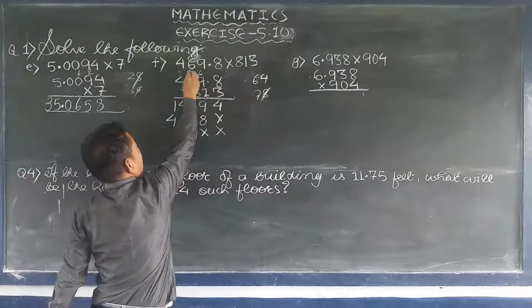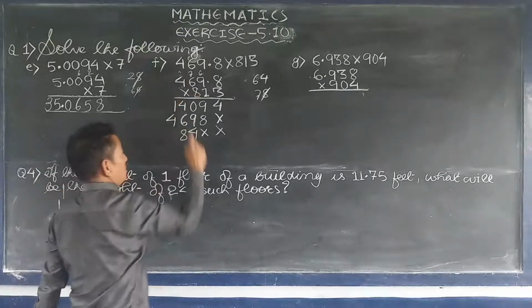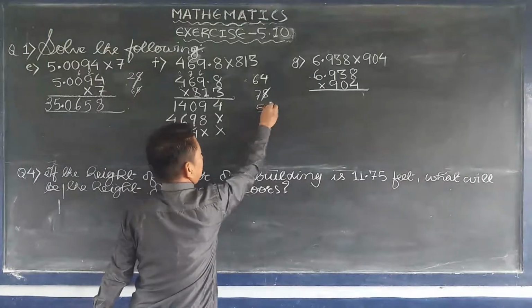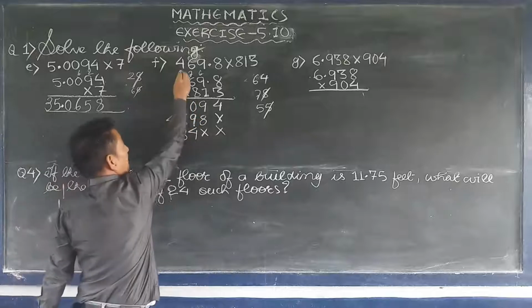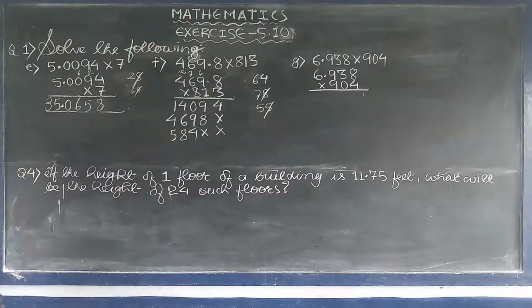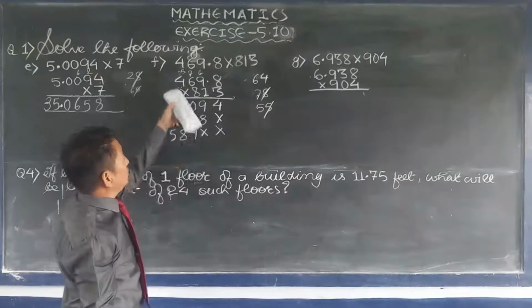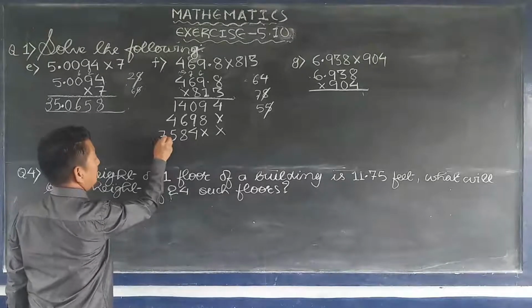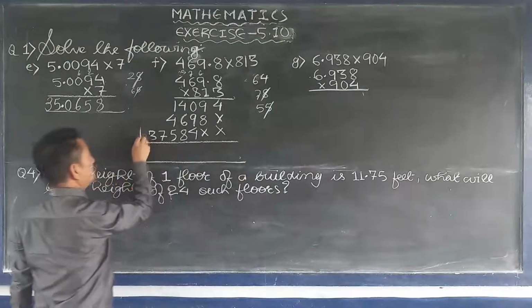Then 7 carry on here. 8 6s are 48. 48 plus 7, 55. We'll write 5 here. Then 5 is carried on here. 8 4s are 32. 32 plus 5, 37. We'll write 37 here. Now after that we'll add these numbers.